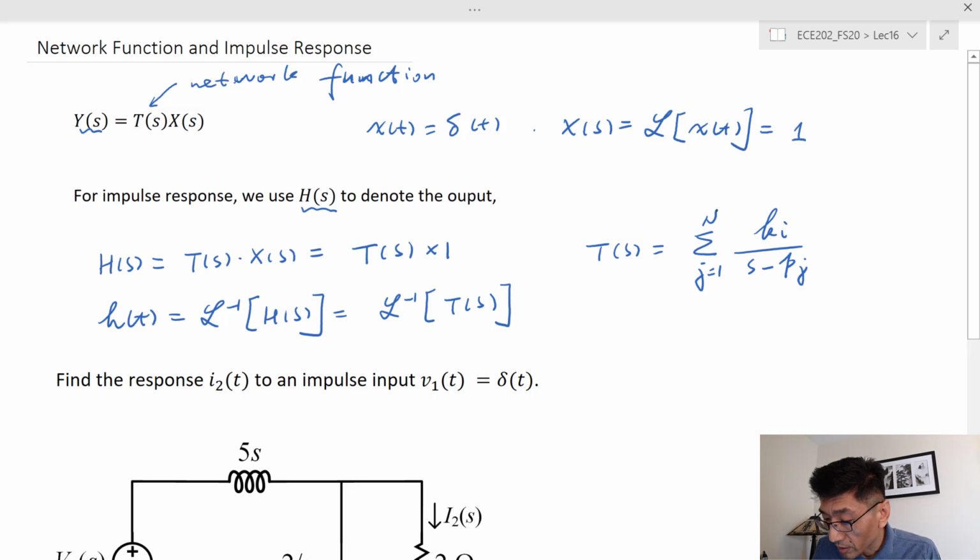And in this case, the inverse Laplace transform of this is going to be equal to the summation of K_j times e to the power of p_j t, right?